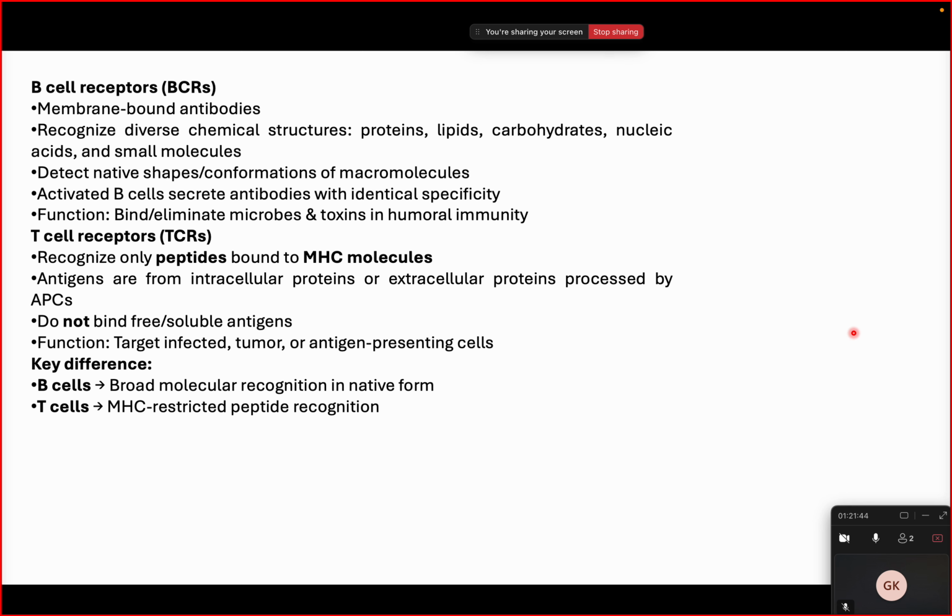Okay. Functions of T cell receptors include that they are target oriented and they can kill cells which are presenting the antigen. You know, remember, right? If antibody is there, then also it will lead to the cell death. If TC is activated, then also the cell will be killed. If TH is activated, then also the cell will be killed.